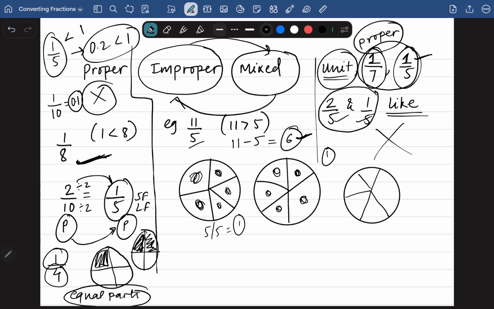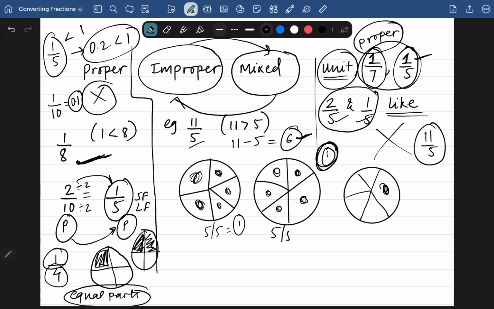For the part I was left with, I can consider any of the 5 parts from this new pizza. So I will consider this one, and the total number of pizzas I required to show the fraction 11 over 5 was 3 pizzas.